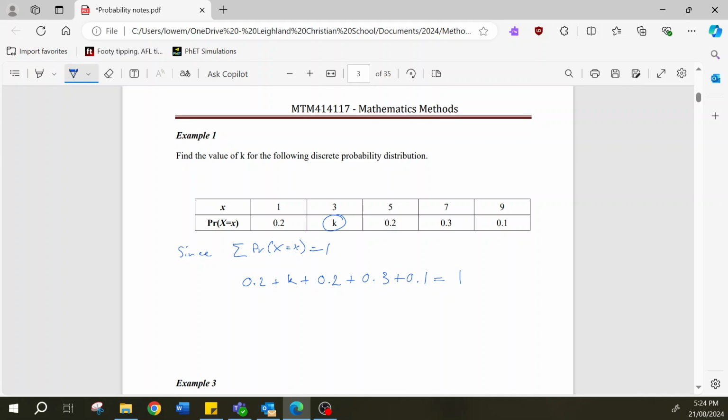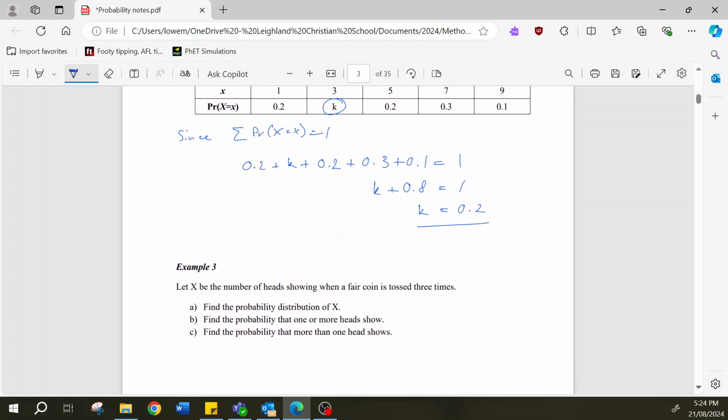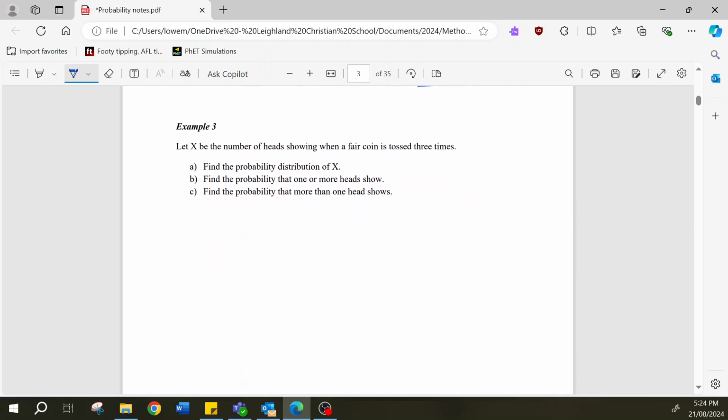And so then we can easily solve for k. So we've got 0.2 plus 0.2 is 0.4, 0.7, 0.8. So k + 0.8 = 1. So k must equal 0.2. Okay, next example.